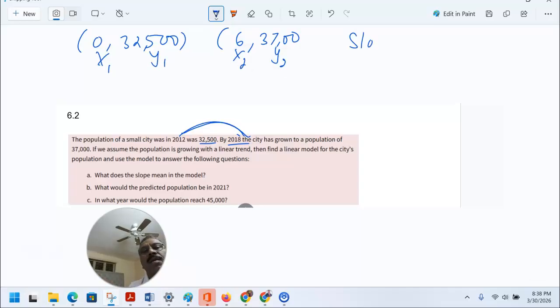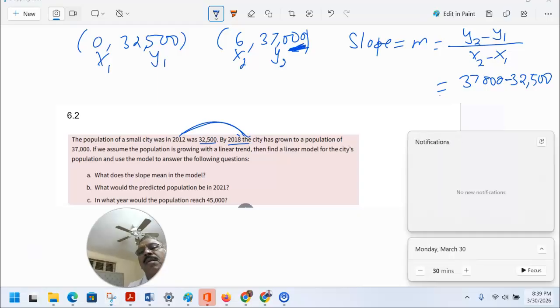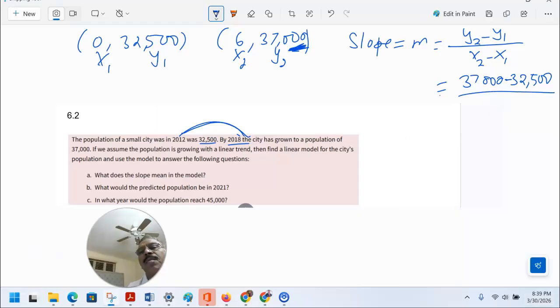So what is the slope here? Slope is the rate of change each year, how much the population has grown. So y2 minus y1 over x2 minus x1, plug it in. So this is your y2, 37,000, minus 32,500, divided by 6 minus 0.